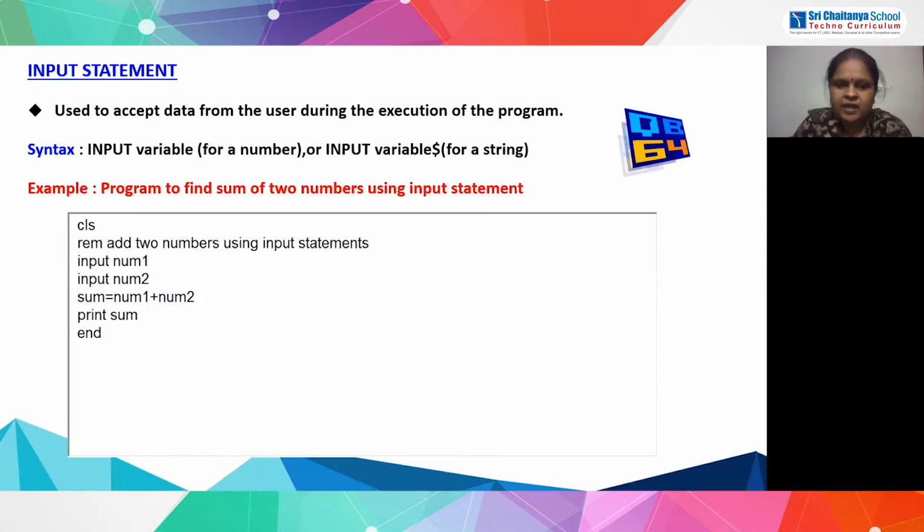I'll show you the output screen, how it will be. The output screen will ask you to enter the number. So the first number I will enter as 10, and the second number again as 10. So what will be the output?